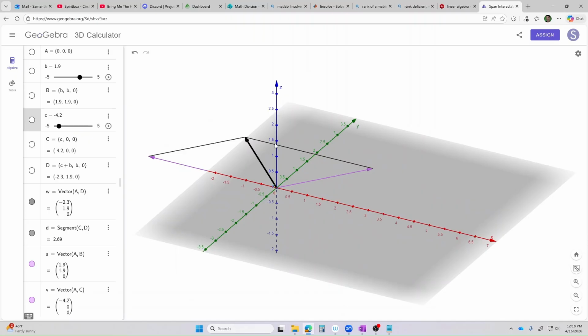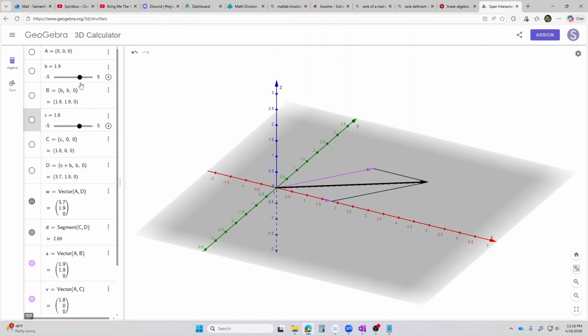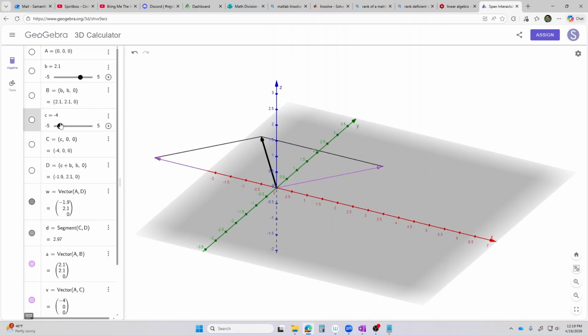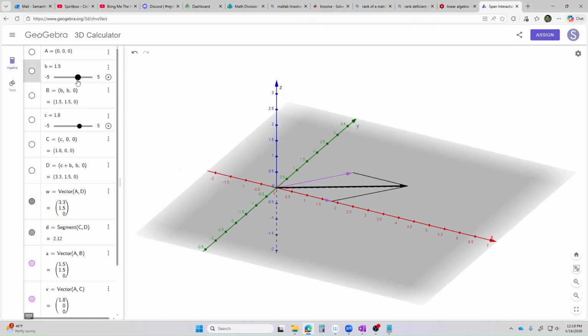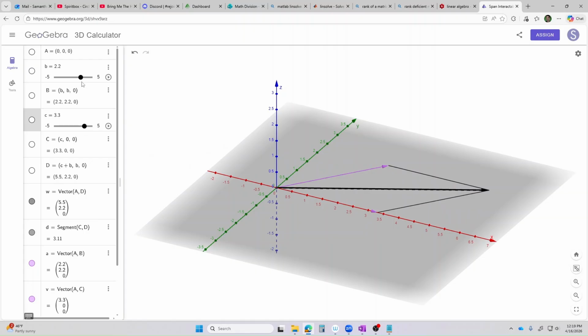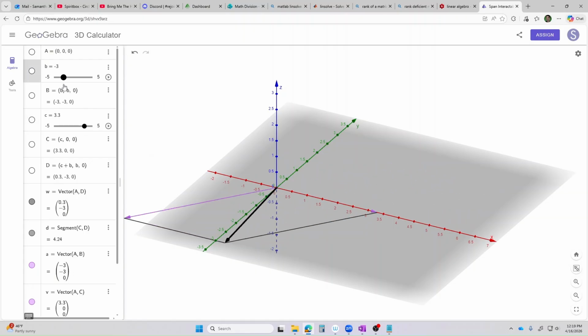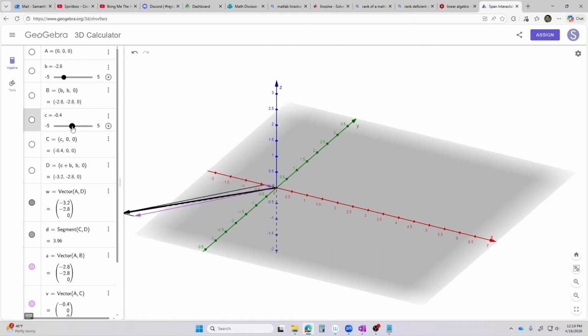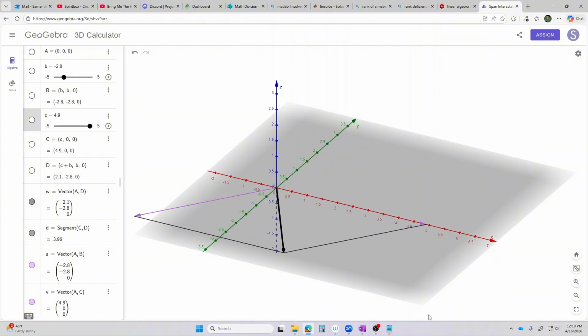So this is the visual proof, and this is the visual explanation of why the span of these two vectors consists of the xy plane in three-dimensional space. Because if you combine these two vectors in every imaginable way, using all possible scalar multiples, both positive and negative, you can construct vectors that reach any possible location in the xy plane in three-dimensional space.